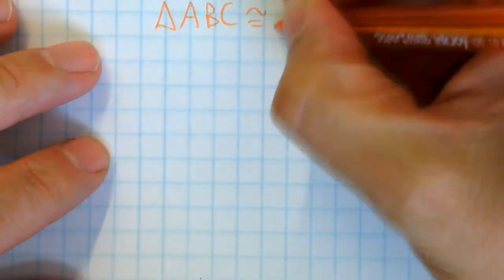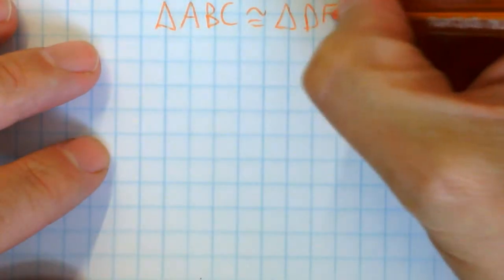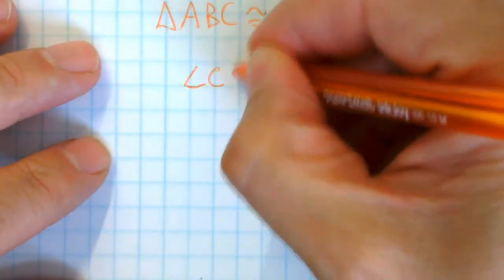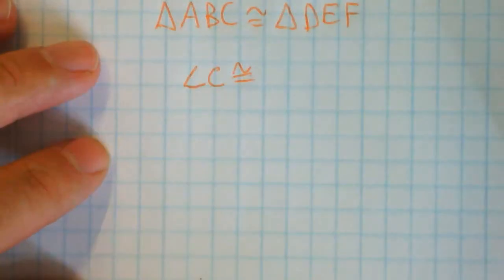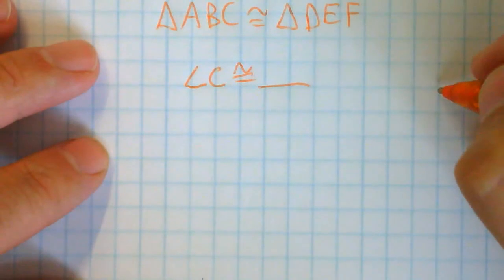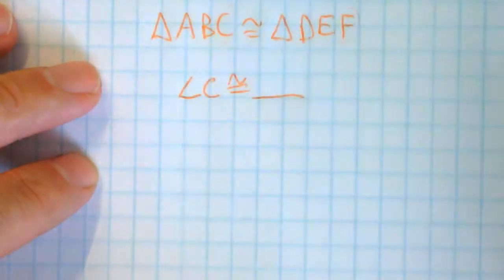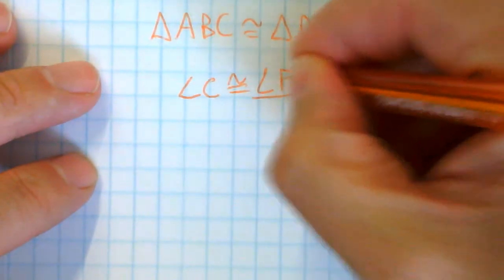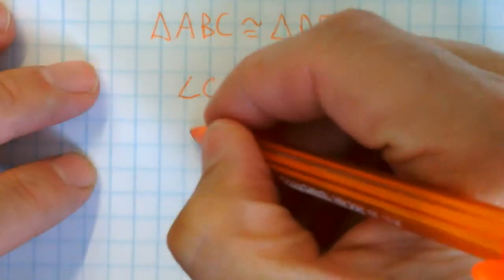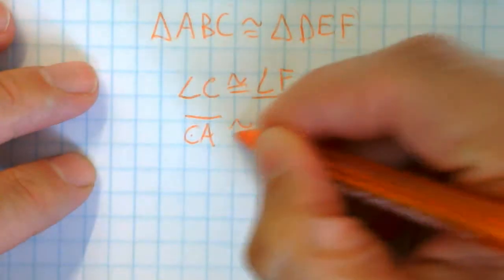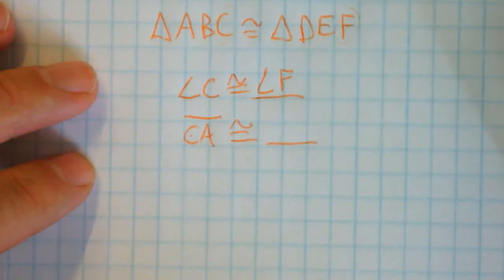So you might get a statement that said this: ABC is congruent to DEF, and then it asks something like, angle C is congruent to which angle? Well, if it's angle C, that's the last letter, so it has to correspond to angle F. And if it said side CA is congruent to what side?